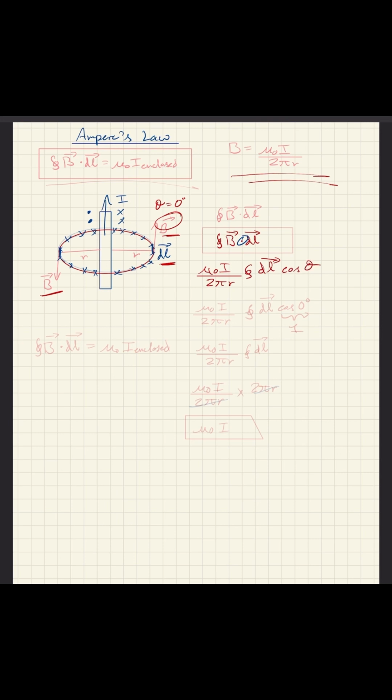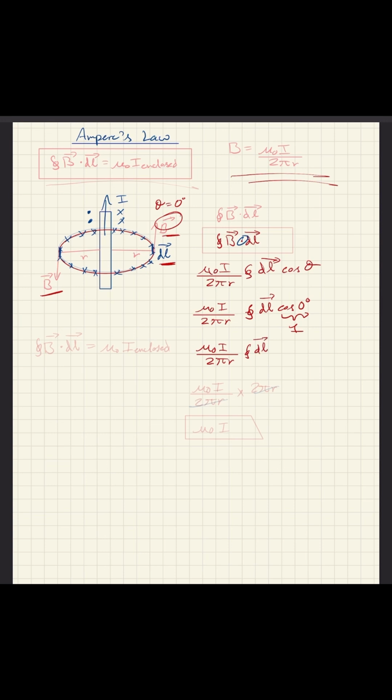And because we already stated theta is 0 degrees, we could just rewrite that as mu naught I over 2 pi r, line integral of dl, cosine 0 degrees, and cosine 0 degrees equals just 1. So that gives us mu naught I over 2 pi r, line integral of just dl.